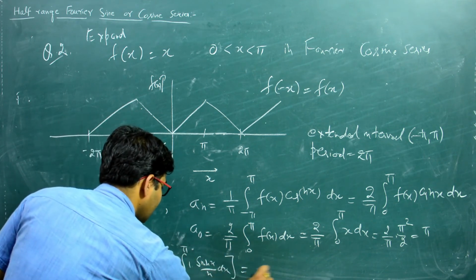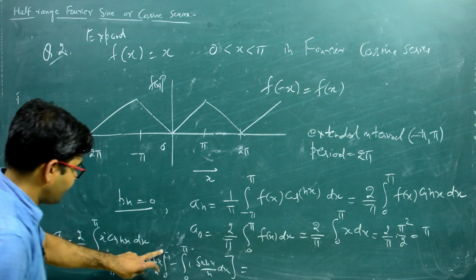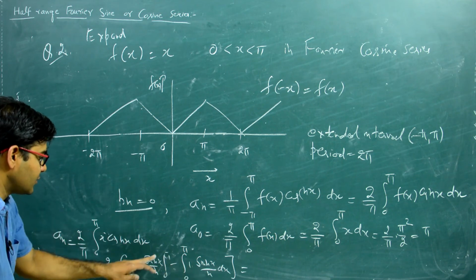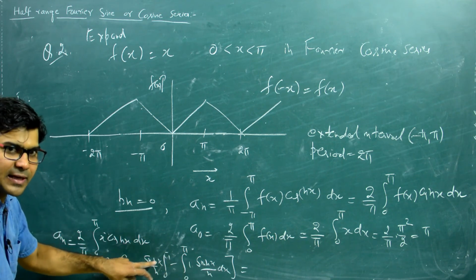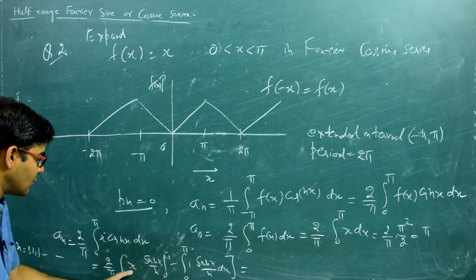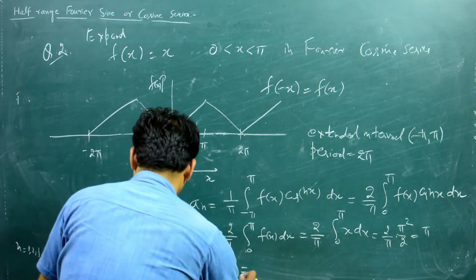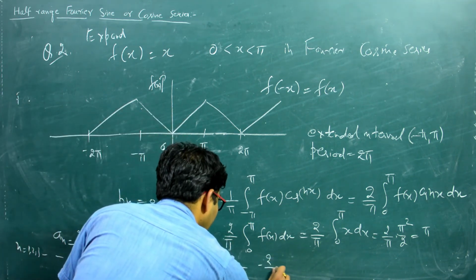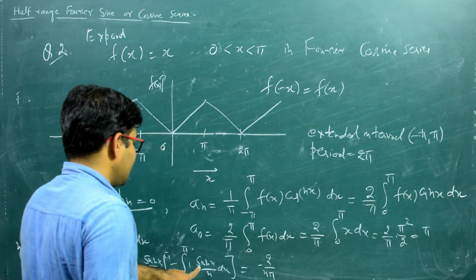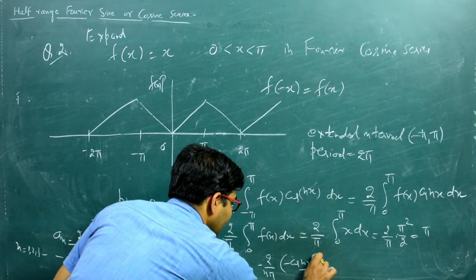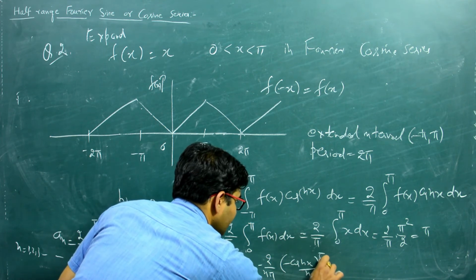So if I put the upper limit in the first part of this bracket, this becomes pi sine n pi. Sine n pi is 0, minus if I put the lower limit 0 here. So this first part is actually 0. So what we get is minus 2 over n pi, and the integration of sine nx is minus cos nx over n, and we have to apply the limit 0 to pi.